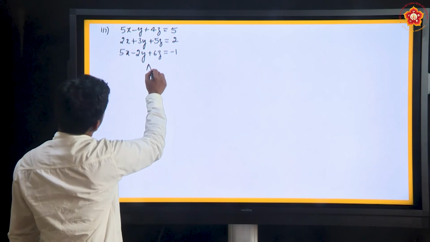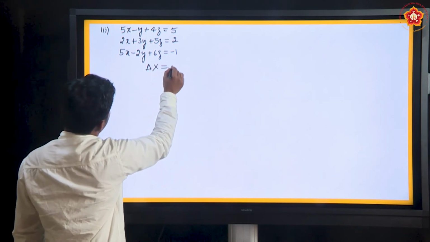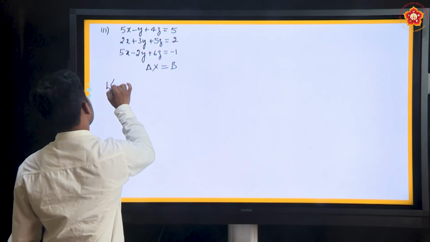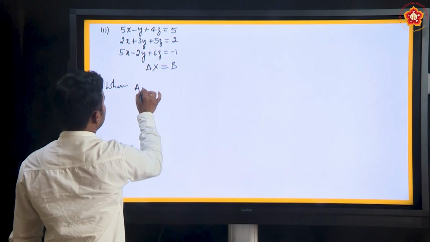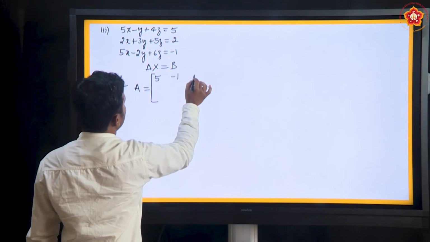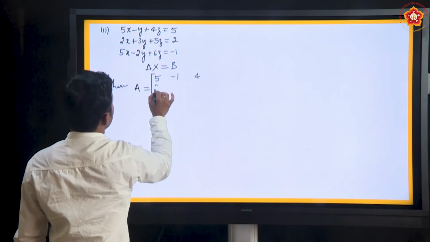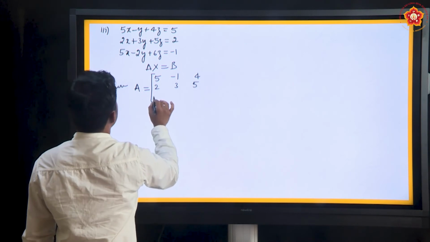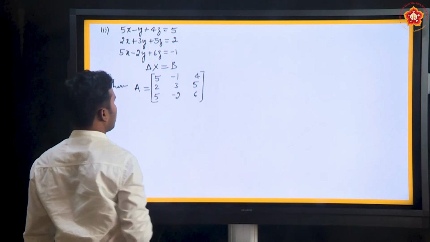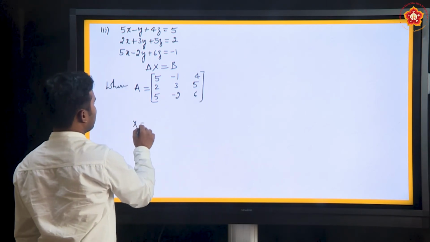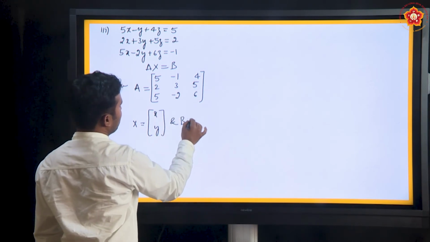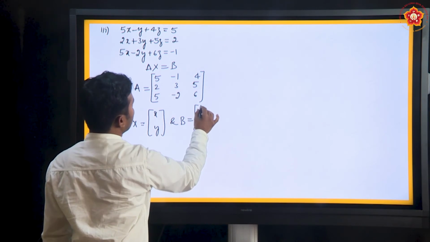How we can write that is, we can write the given system of equations Ax equal to b, where A is 5 minus 1 4, 2 3 5, 5 minus 2 6. This is A, and what is x? x y z, and what is b? b is 5 2 minus 1.